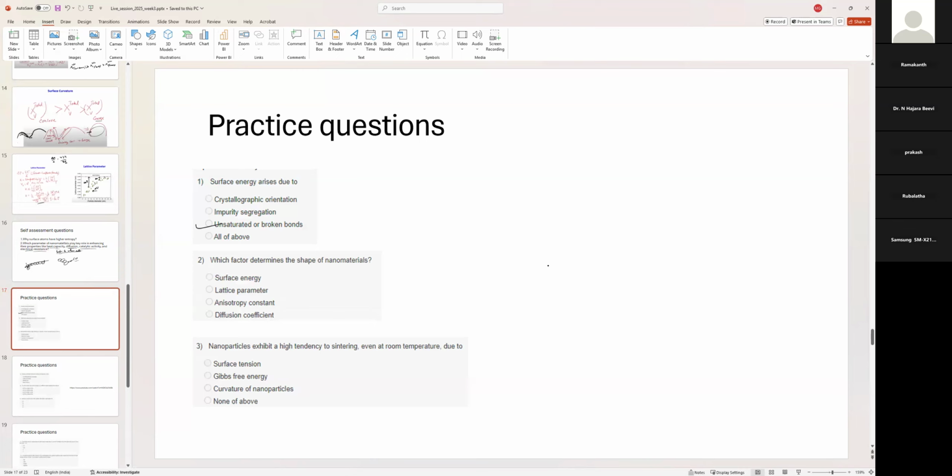So it will take the shape which minimizes the surface energy. So the most important factor is the surface energy. Diffusion has nothing to do with shape. Lattice parameters depend on the radius, not the distribution. Yeah, just the surface energy.